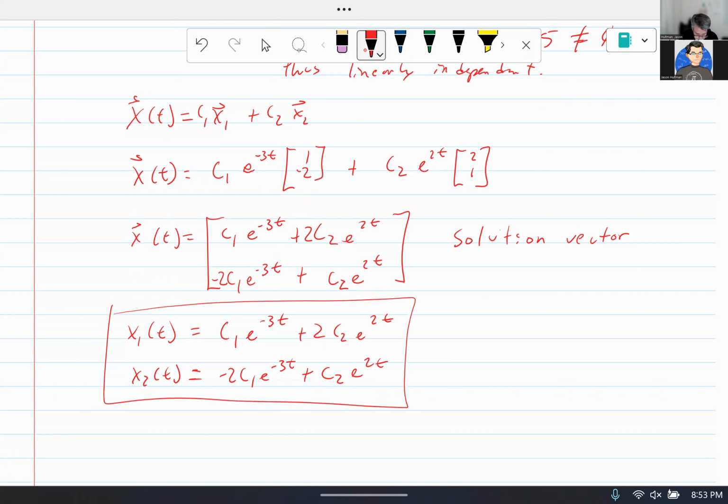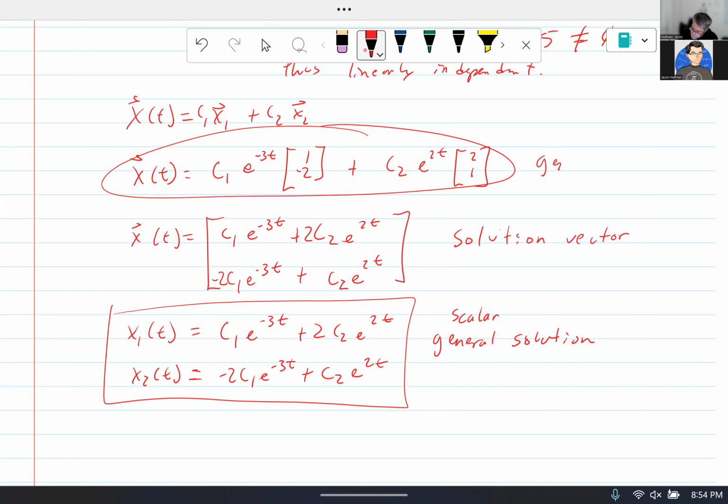This is my general solution, also called the scalar solution, because it doesn't involve any matrices. The vector form up here could have been my general solution as well, but that has column vectors in it.